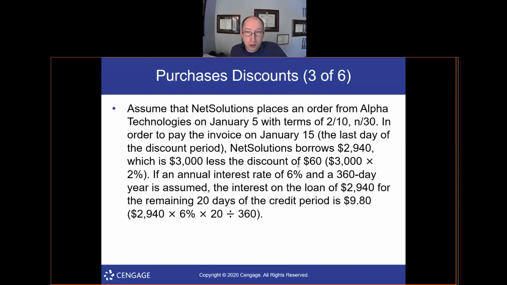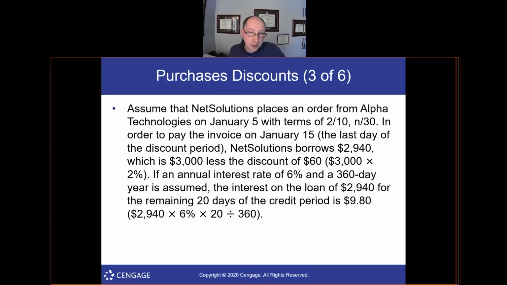So going back to our earlier example, if our company purchases some supplies and with the bill it says 2/10 net 30. So if I pay within that first 10 days, I would only pay 2,940 because 2% of 3,000 is $60.